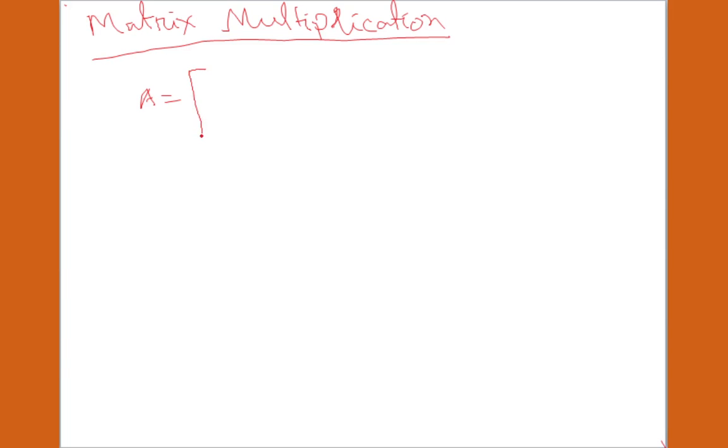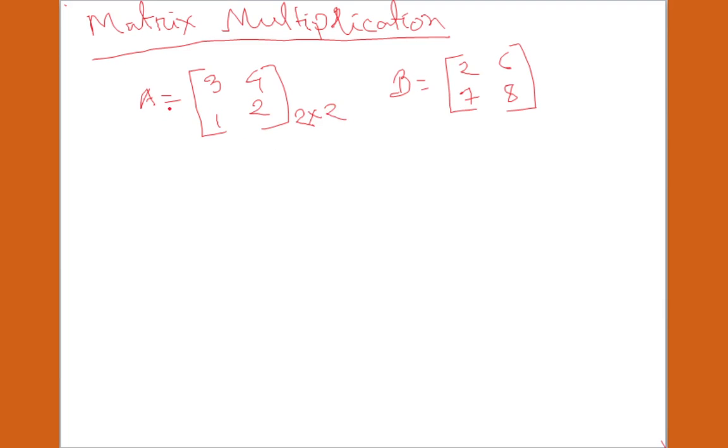Suppose A is a matrix 3, 4, 1, 2. B is a matrix 2, 6, 7, 8. To multiply two matrices, a condition must be fulfilled.